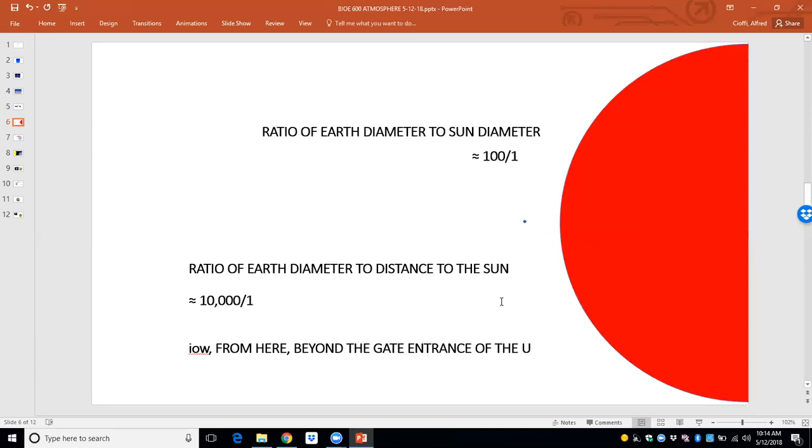Mathematically, the equator is closer because it's a curved surface, but not significantly enough to make a temperature difference. The temperature difference is rather because of what is known as the angle of incidence of the sun rays. So let's look at that.